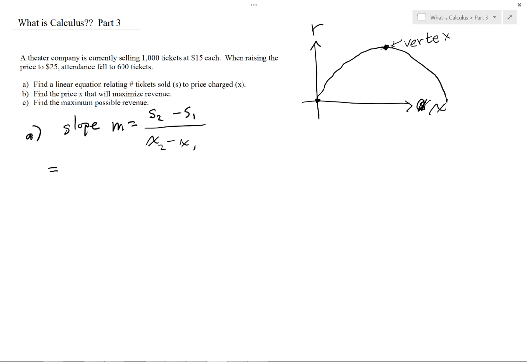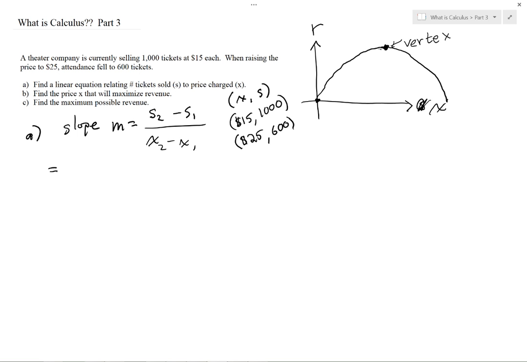So we need two X, S pairs instead of X, Y pairs. Well, we're given that information, right? If we have a $15 selling price, we have a $1,000 ticket amount. If we have a $25 selling price, then we have sales of 600.